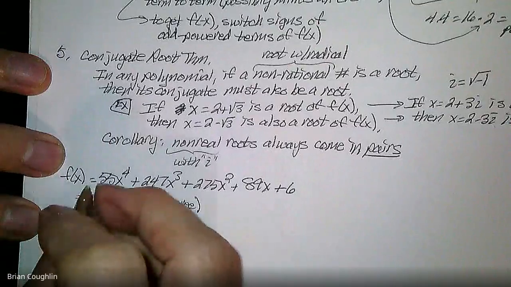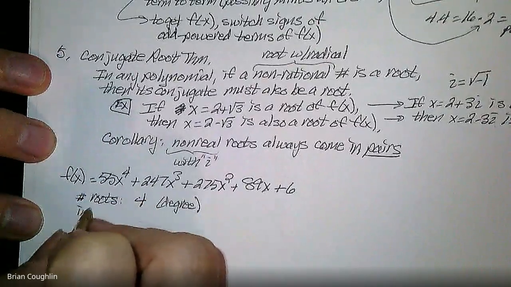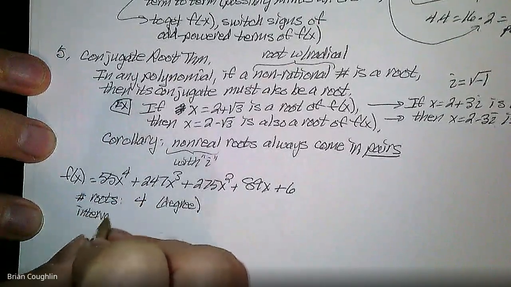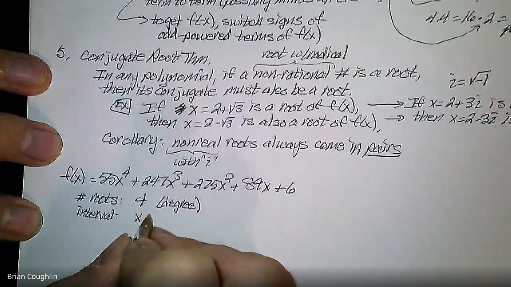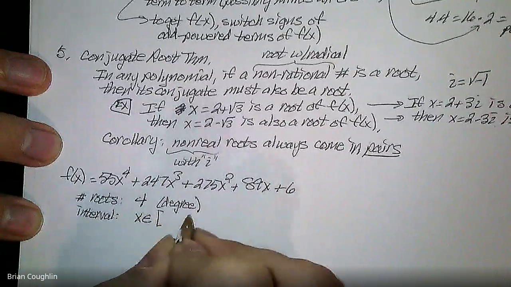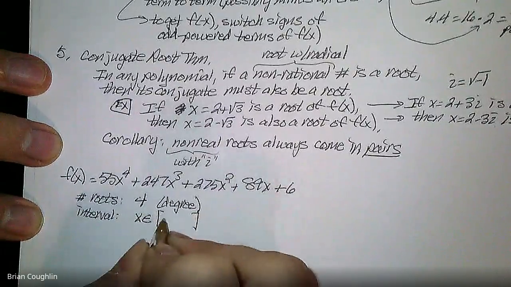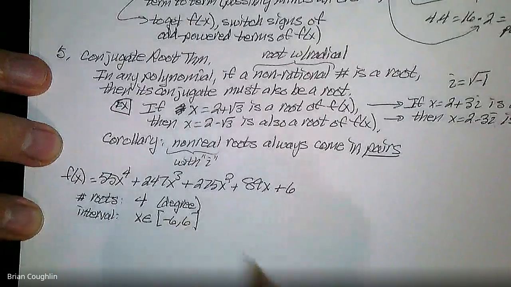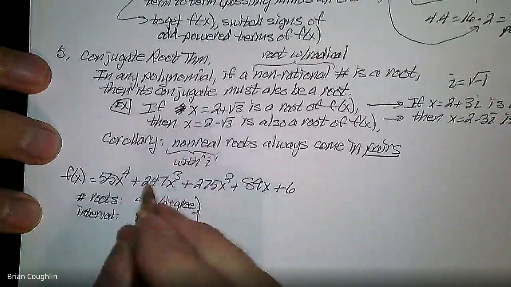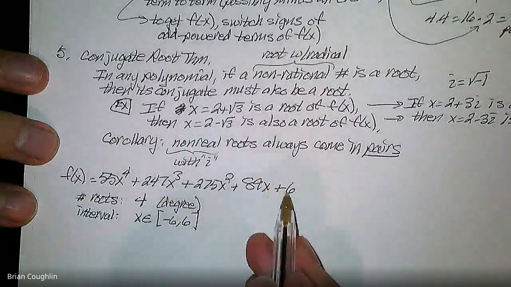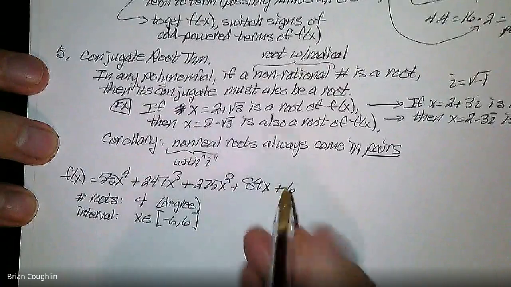And then what about the interval? Where are the roots? You would say that x belongs to the closed interval, that means including the ends, from -6 to 6. So we know the roots are in between -6 and 6, guaranteed, because of the last coefficient here.